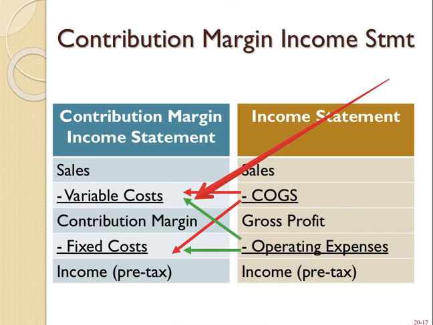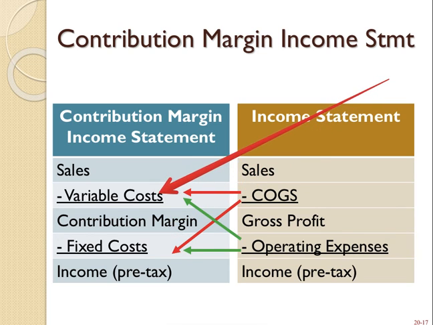For example, variables would be things like sales commissions, because those are going to increase if you sell more. Fixed things are going to be things like rent or salaries, because those don't change whether you sell or produce more items. So what we're doing here is really just rearranging and recategorizing. Instead of categorizing by what is a cost of goods sold, or an inventory product cost, versus a period cost, which is our selling, general, administrative expenses, instead we're going to categorize costs based on if they're variable or fixed.